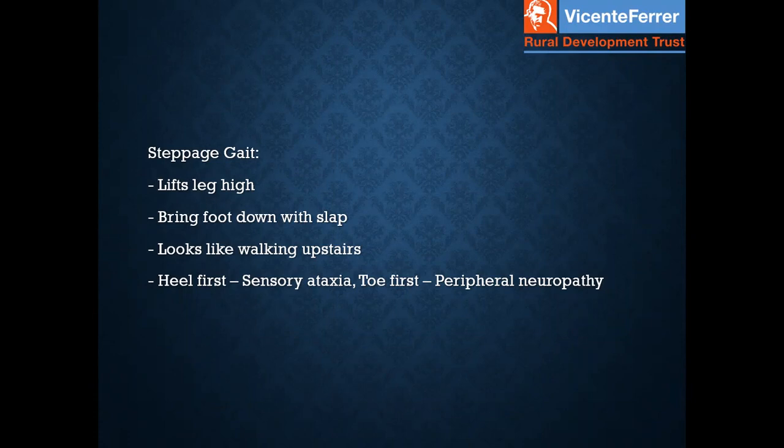Just because there is no sense of joint position, they will have high stepping, but initial contact will always be heel only. So that's how we can differentiate whether the high stepping gait is due to sensory ataxia or due to foot drop. Is it clear?